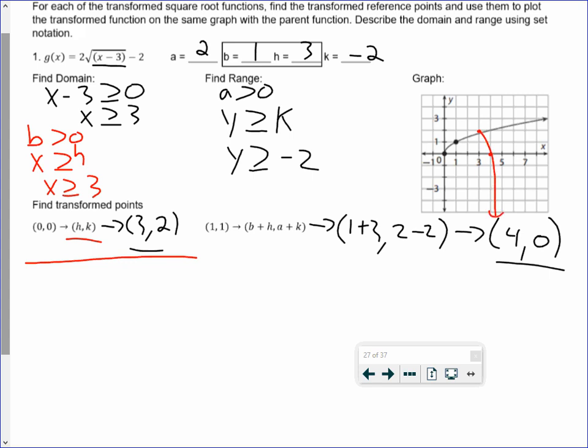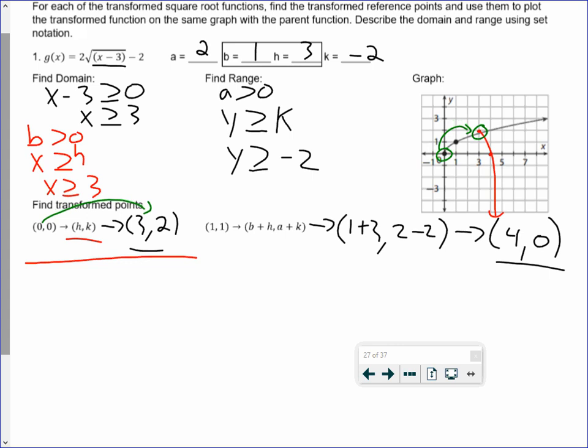That's because this 3, 2 point is a transformation of your initial point. The 0, 0 point transformed into 3, 2 in the new function, so that's our initial point. That's where we start. So that's what our function is going to look like.